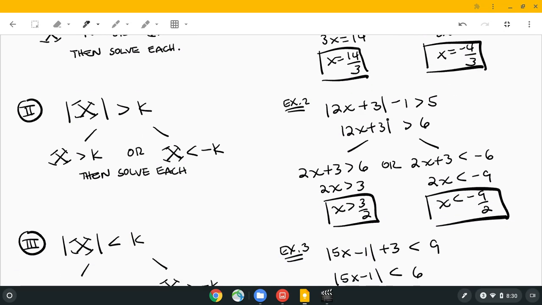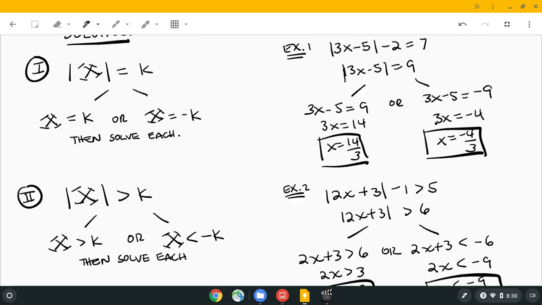Let's take a look over here. If we had negative 6, absolute value greater than negative 6. Well, again, you don't have to do any work here because absolute value is always greater than negative. So you can say infinitely many solutions. Okay, everything works because when you take the absolute value of whatever it is here, you will always get a positive number and it will always be bigger than negative 6.